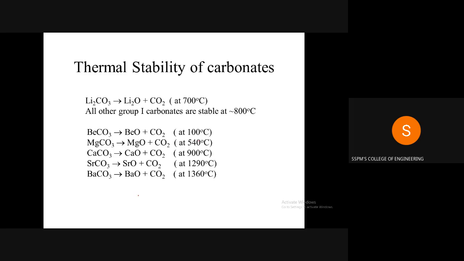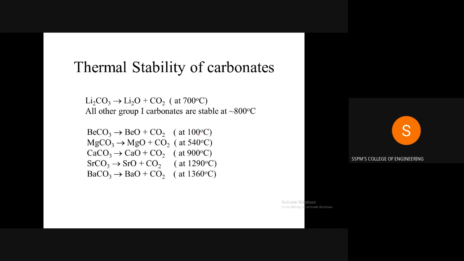The higher the temperature, the lesser the stability, and the lower the temperature, the higher the stability. The temperature is lowest at 100 degrees Celsius, so BeCO3 is stable. Among BeCO3, MgCO3, CaCO3, SrCO3 and BaCO3, the lesser the temperature, the higher the stability. So this is an important concept in thermal stability.